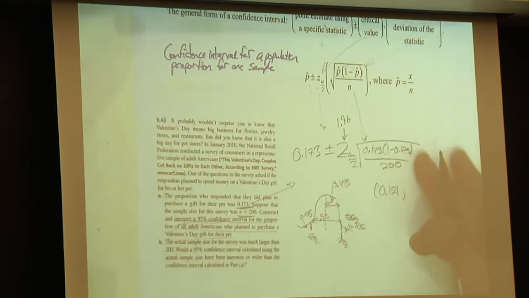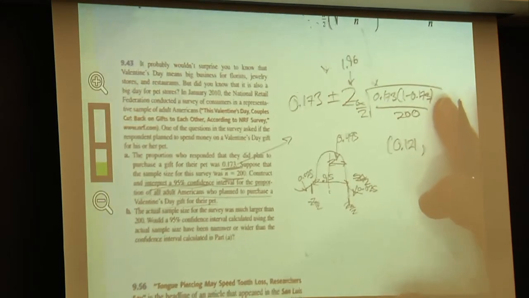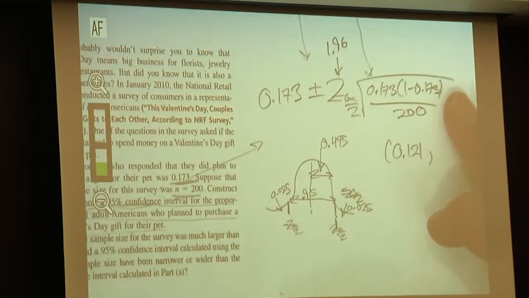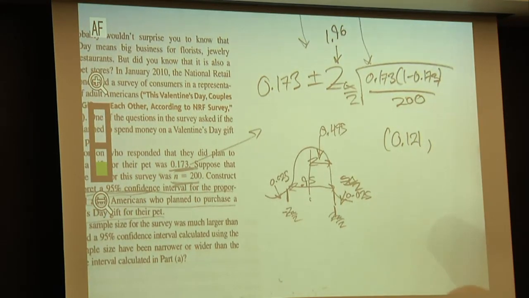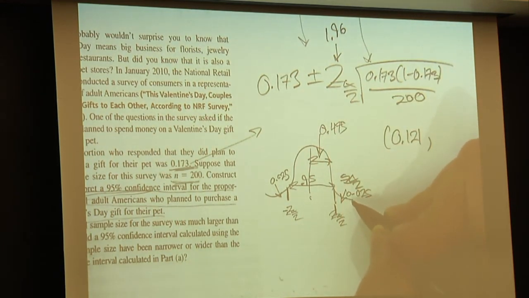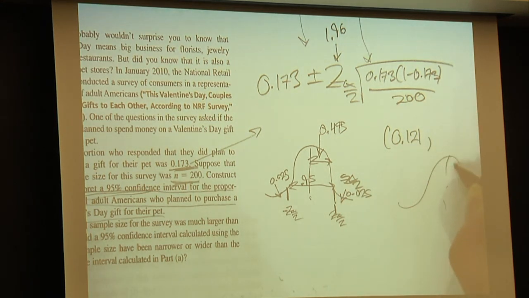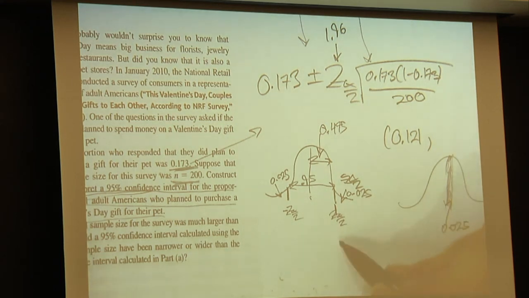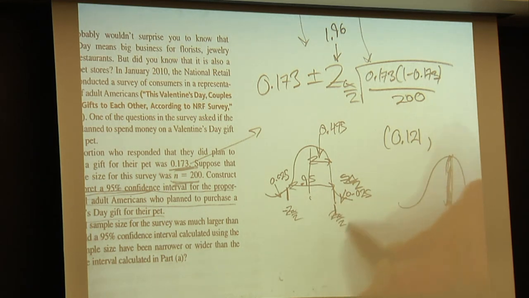Why are we looking for the 0.475? Good question. So this is, again, a table thing. You might not have to do this, but a lot of you definitely have to do this. So the 0.475 is because if I look for 0.025 on my table, that's going to give me a z that gives me from here to here an area of 0.025. But that's not what we have here. We have an area of much more than that below this z.